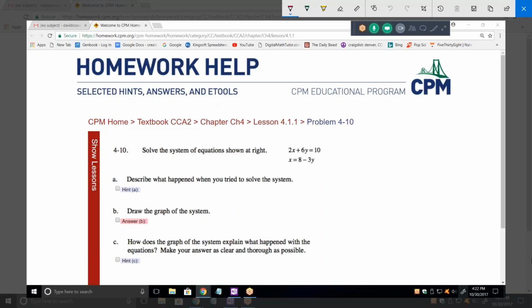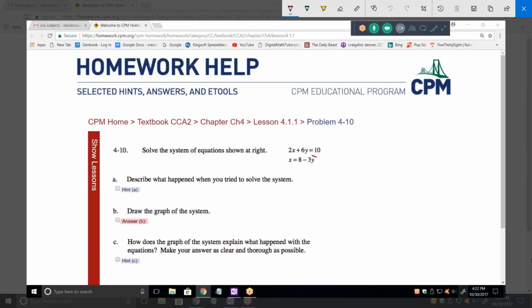But if I'm going to solve it algebraically, I've got two methods. I can use substitution, I can use elimination. Which one should I use? Here's the rule. If one of the equations is fully defined for one of the variables, use substitution.